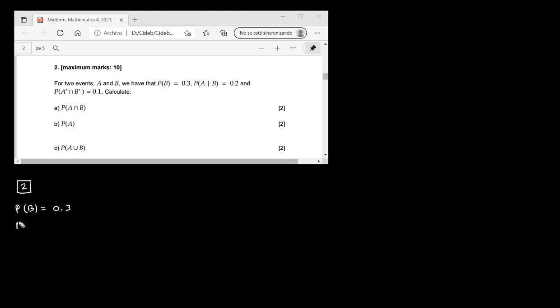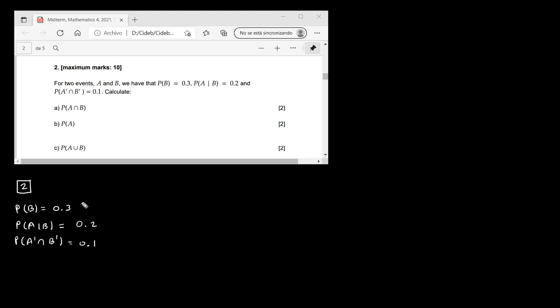The probability of A given B is 0.2, and the probability of A prime intersection B prime is equal to 0.1. And that's all they give me.